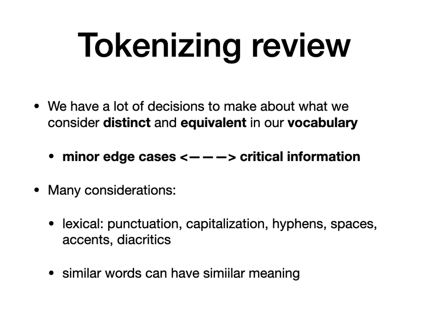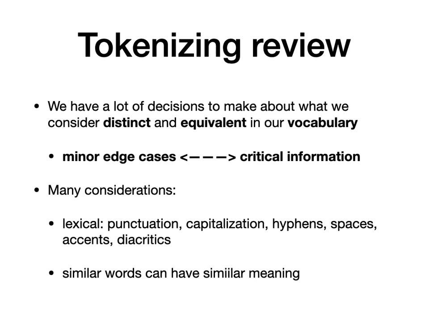So, what we've been talking about is how we end up tokenizing our text into useful bits and pieces, right? Into terms, perhaps into stemmed terms, all that. So we always have a lot of decisions to make about what we consider to be the same tokens versus distinct tokens, right?